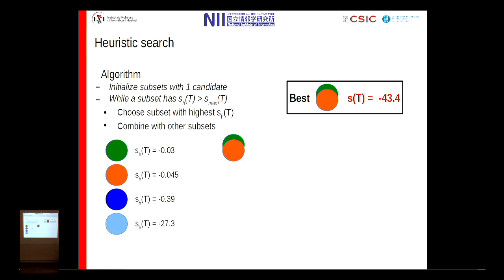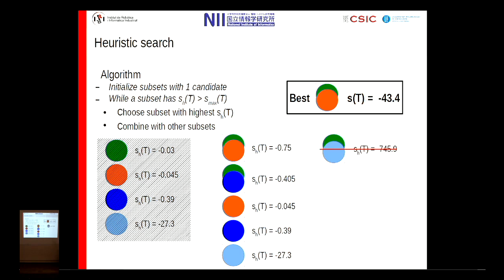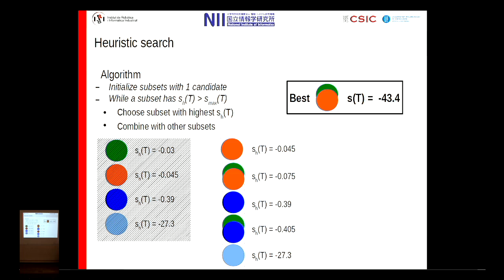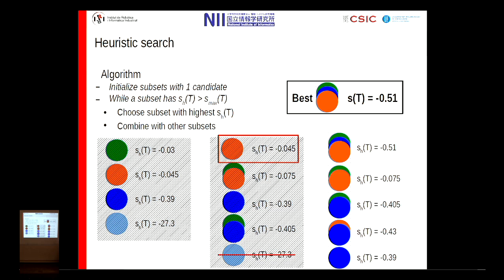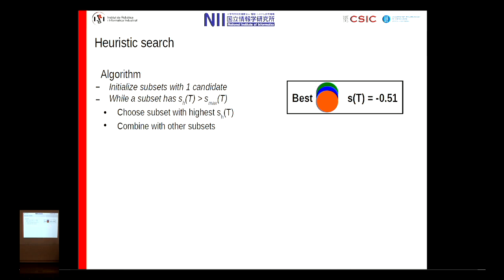And then we may find better combinations that we will store, and continue and calculate all the new heuristic scores. We remove the bad ones and we continue doing the same. We select the best one of the remaining ones and so on until we find our best subset of candidates.